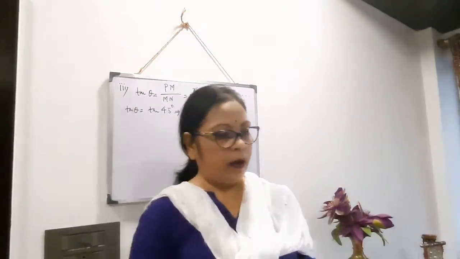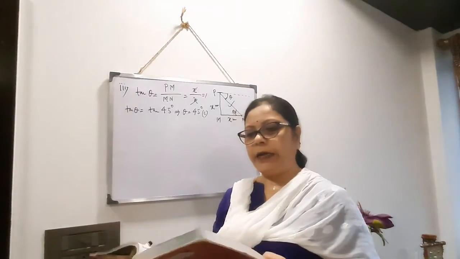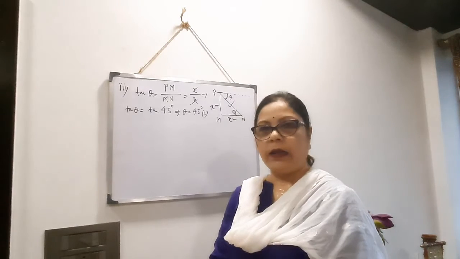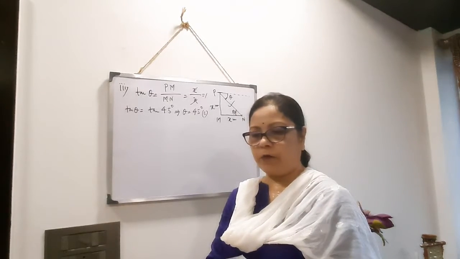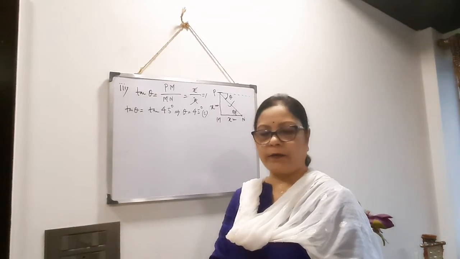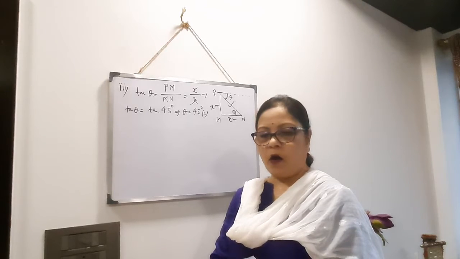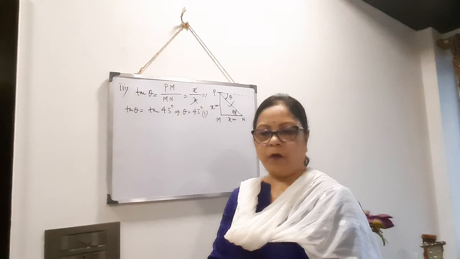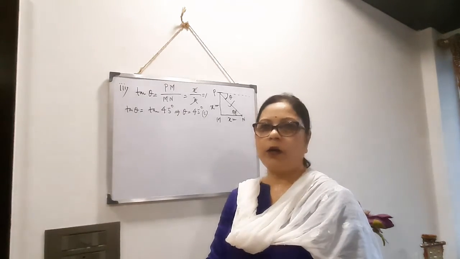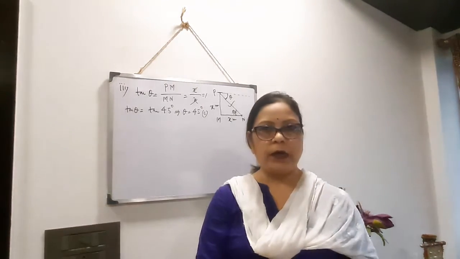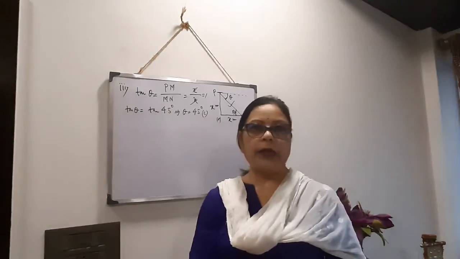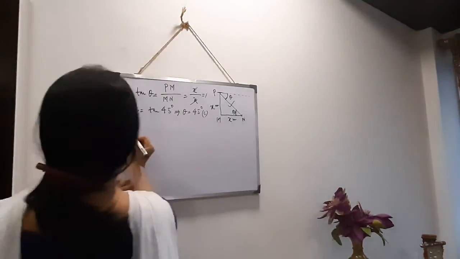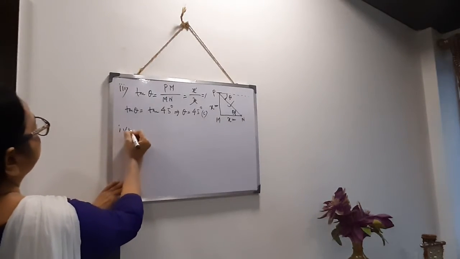Clear? Now next one. Height of tower is 100 root over 3 meter. The angle of elevation of the top of a tower from a point at a distance of 100 meter from the foot of the tower is what? That means in number 4, the angle of elevation is not mentioned. You have to calculate it. Height is given and the distance of the observer from the foot of the tower is given. Clear? Number 4.